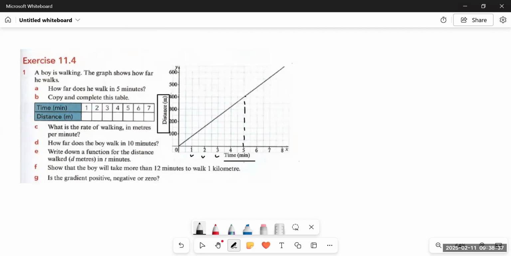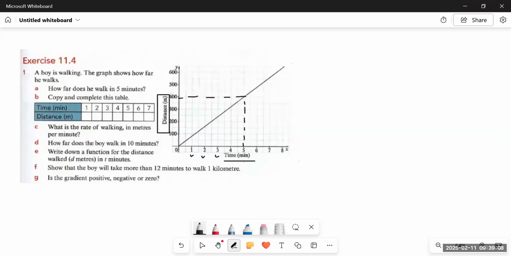So if we look over here, we'll go back to the y-axis and we'll find out that he has traveled a distance of 400 meters in just 5 minutes. So you see, for this, we just have to read the graph. We'll find out where the line coincides with each coordinate, and that would be the answer. So we can say that he walks 400 meters in 5 minutes.